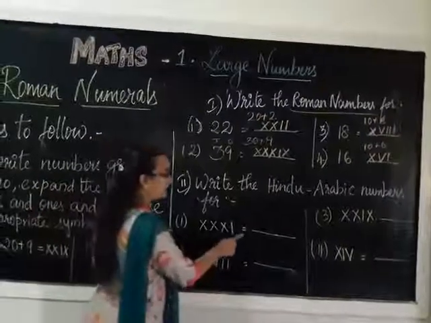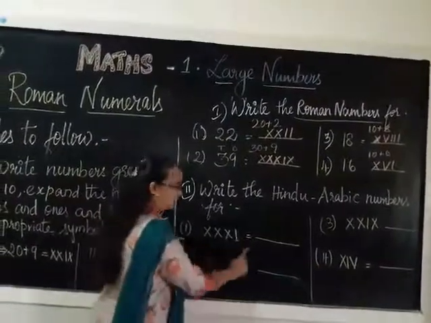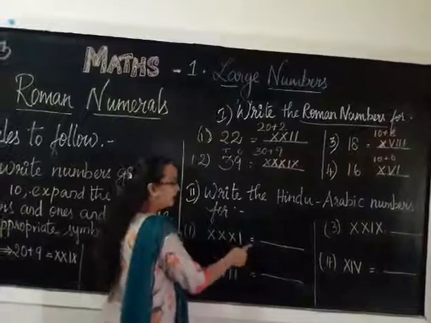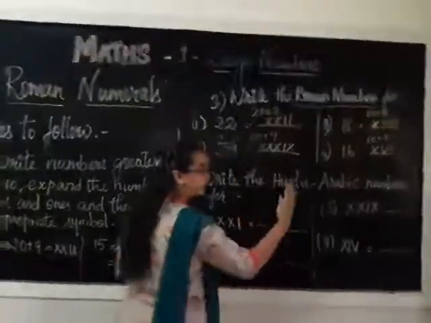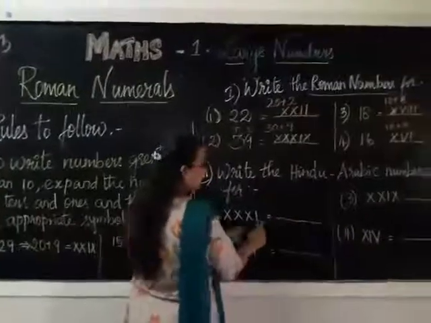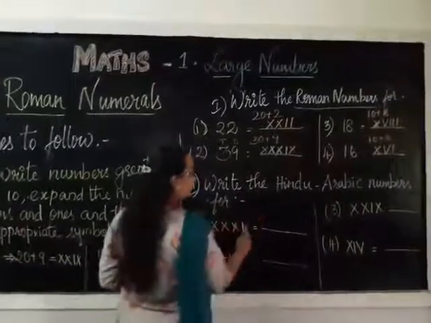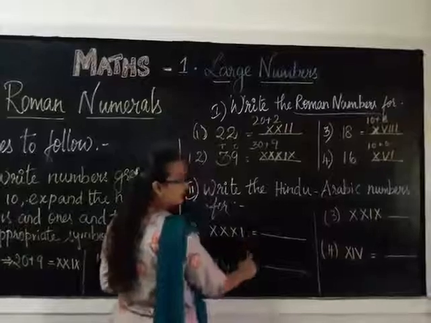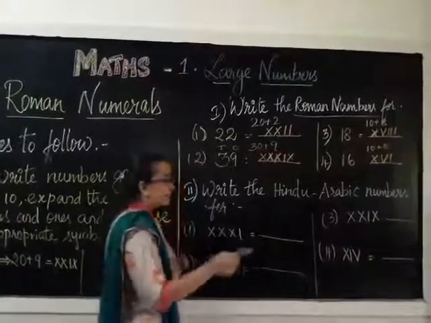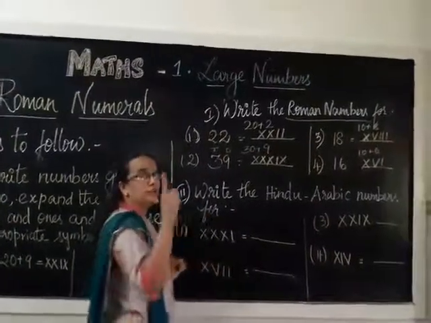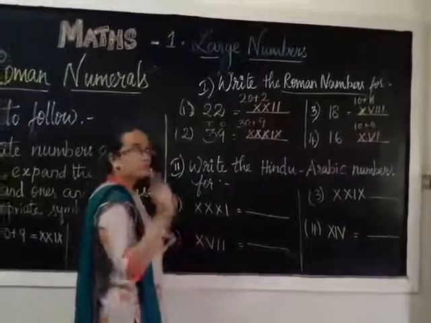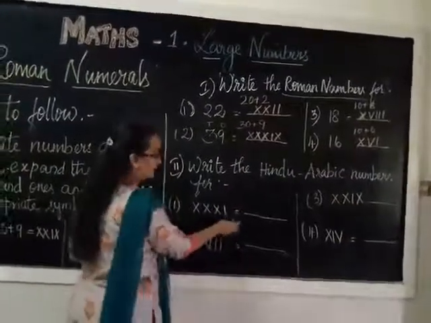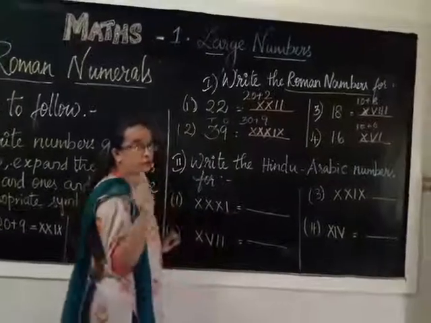If there is no number towards the left, just add. If you have any symbol towards the right side of I, then you have to follow the rules. If you have the symbol V or X towards the right side, here you have to follow the rules.